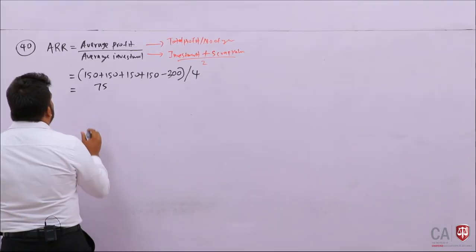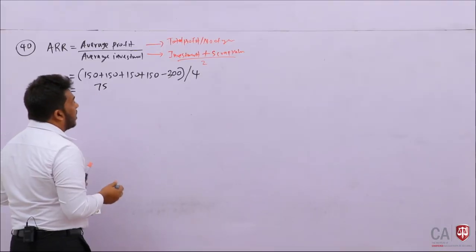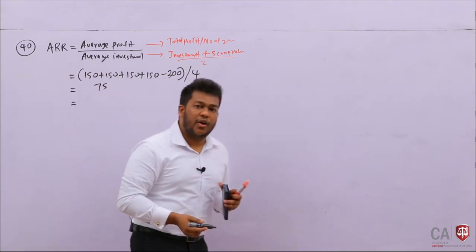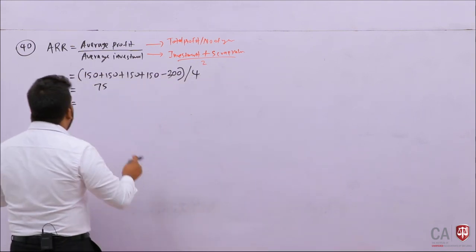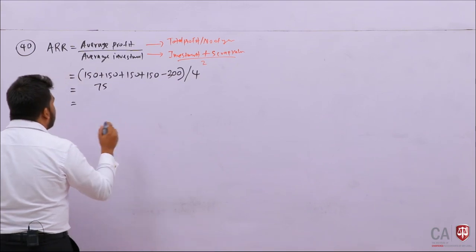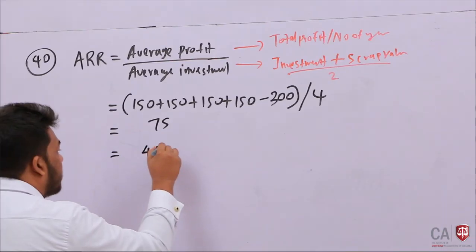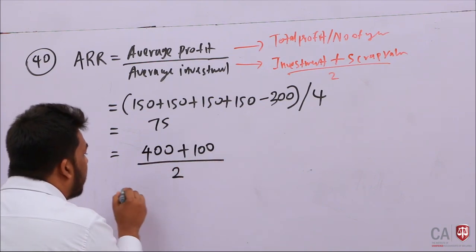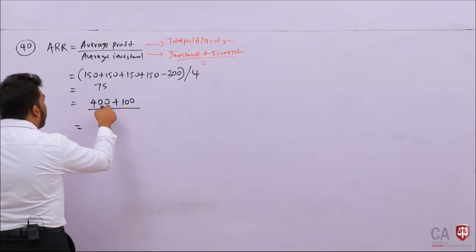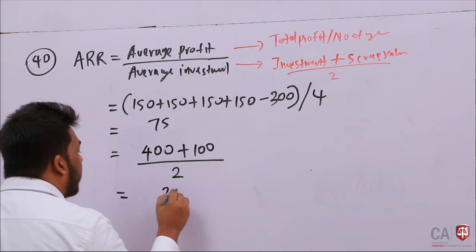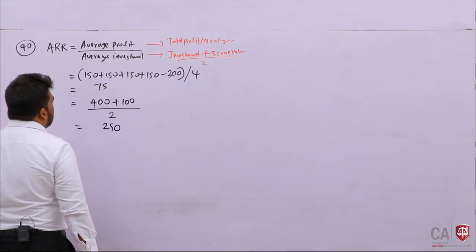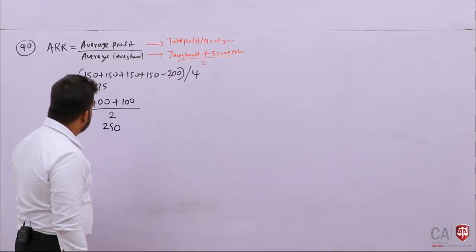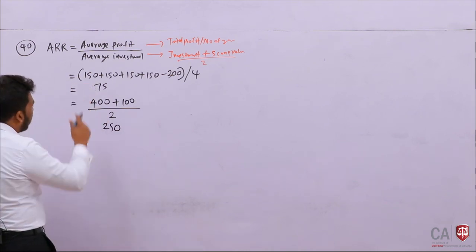That is okay. Then the average investment you have to get. Average investment is the investment plus scrap value, 400 plus 100 divided by 2. So 500 divided by 2, that is 250.